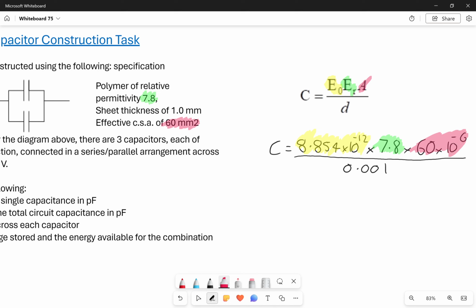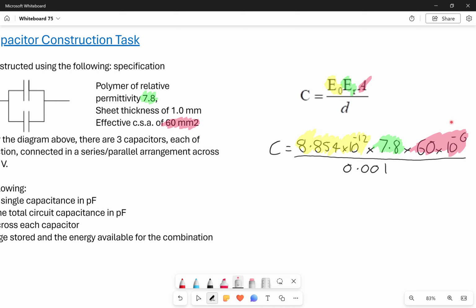What you will note is that I've put it in as 60 times 10 to the minus 6, and the reason for that is we need to convert it from millimeters into meters. With it being a squared value, we have to divide it by 1,000 and then divide it by 1,000 again. Hence why it's times 10 to the minus 6. It's effectively dividing it by 1,000,000.